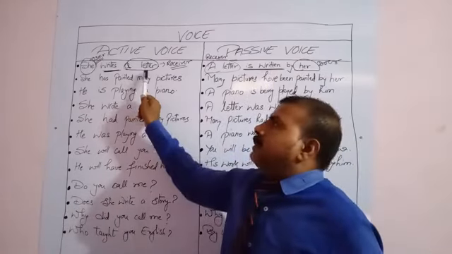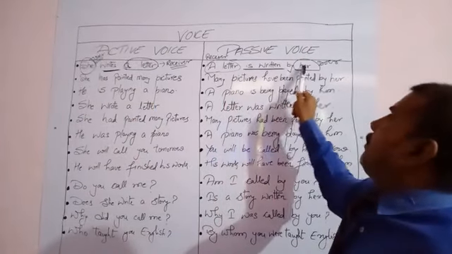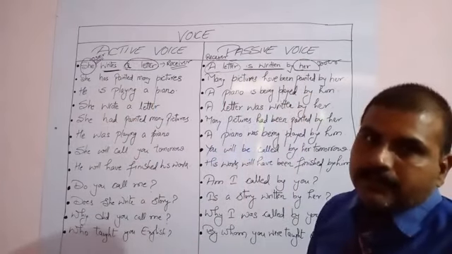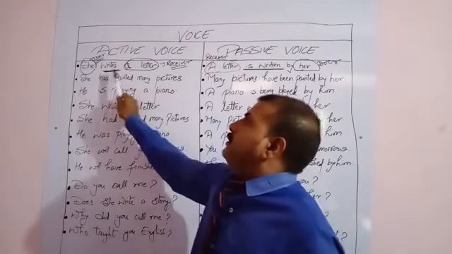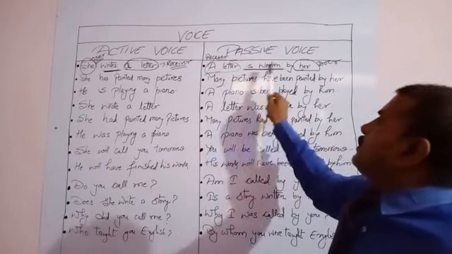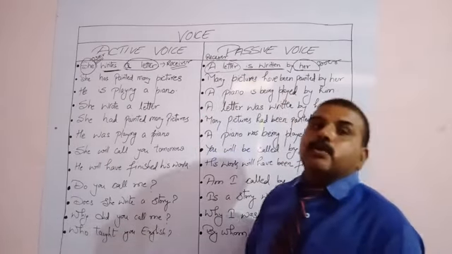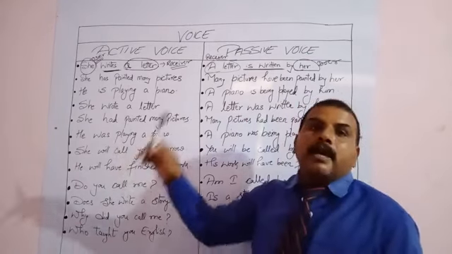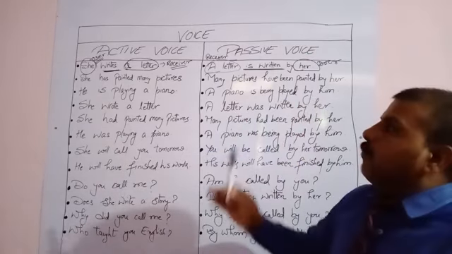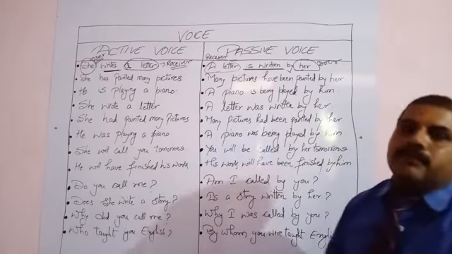She writes a letter denotes an assertive sentence. A letter is written by her denotes an assertive sentence. She writes a letter denotes present indefinite tense. A letter is written by her denotes present indefinite tense. This means there is no change of tenses and type of sentence while converting active to passive or passive to active.